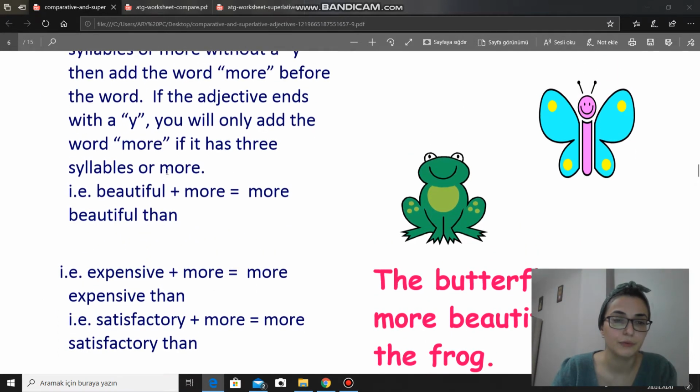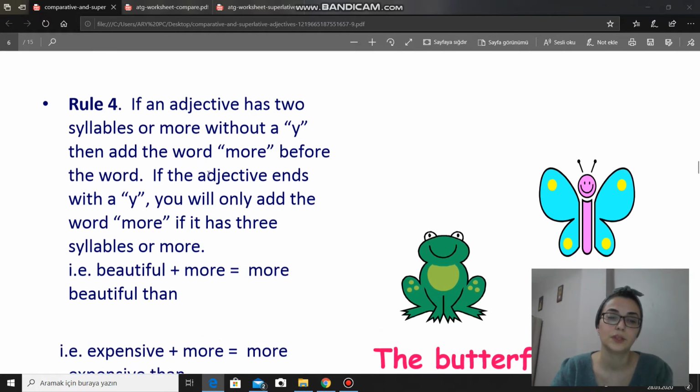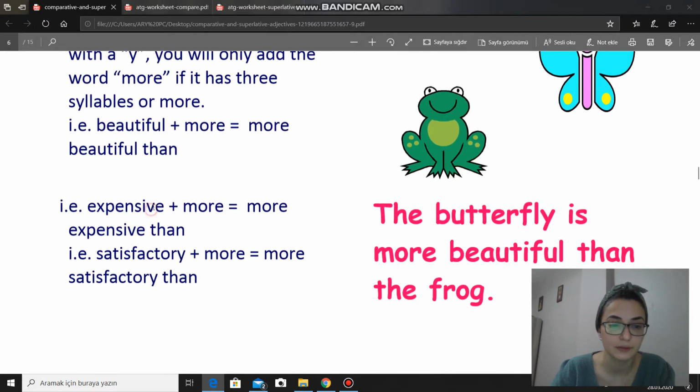For example, beautiful. If it has more than 1 syllable, we say more beautiful than. We don't use er, we use more. More beautiful than. Or expensive. More expensive than. Satisfactory. More satisfactory than.